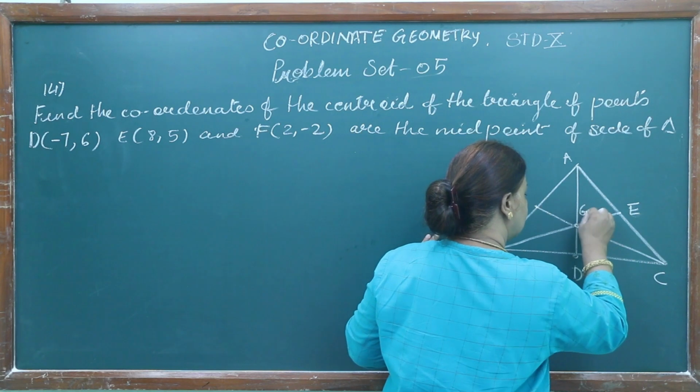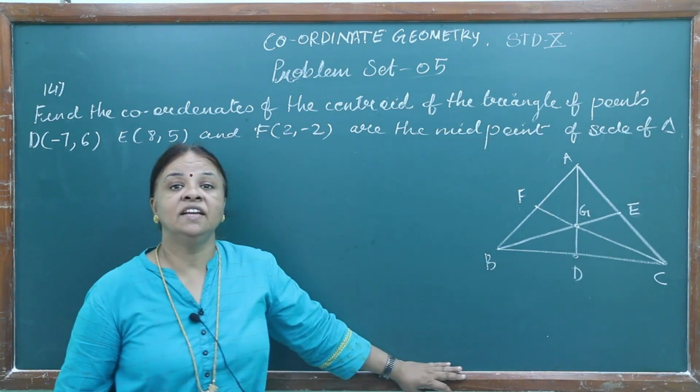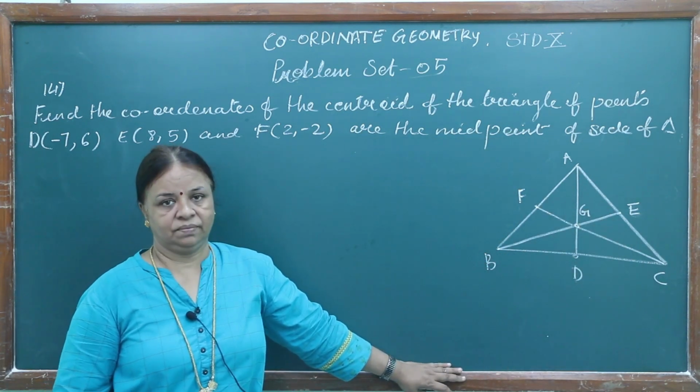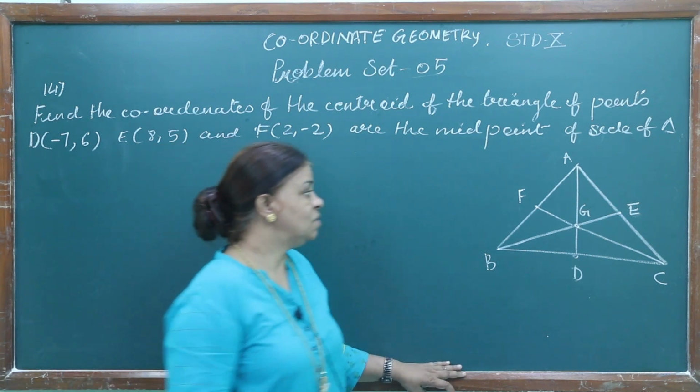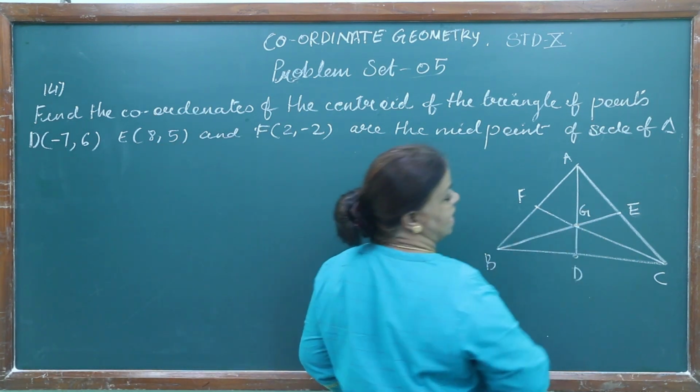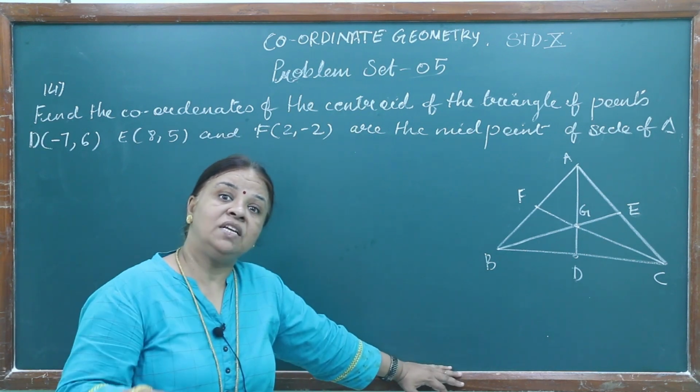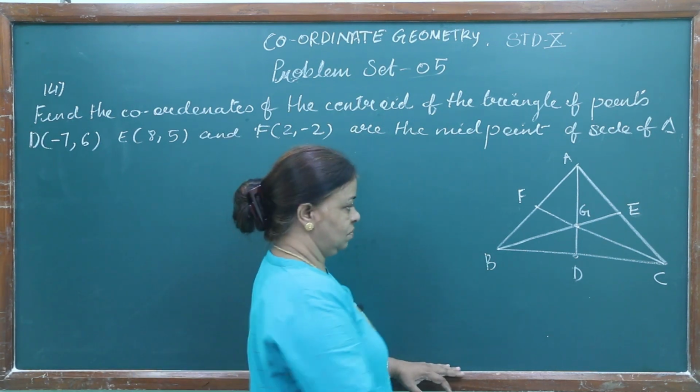What is centroid? Centroid is the point where the medians are intersecting, or centroid is the point on the median of the triangle which divides the median in the ratio 2:1.